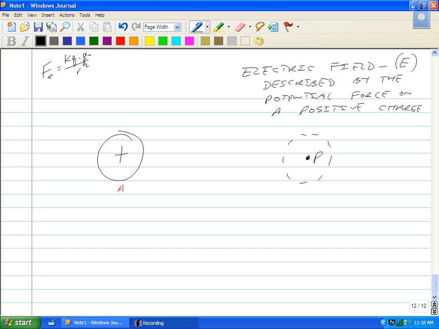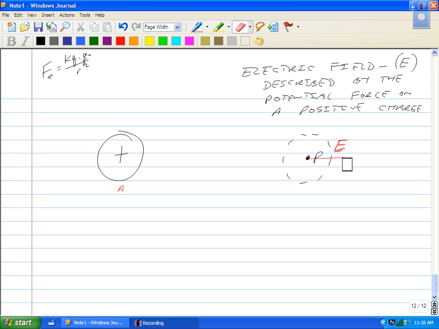And so I can draw that, and field is a vector just like force. And so I can draw an arrow indicating the direction of that vector, and it is to the right. And actually, I'm going to shorten the arrow a little bit, and you'll see why in a second.